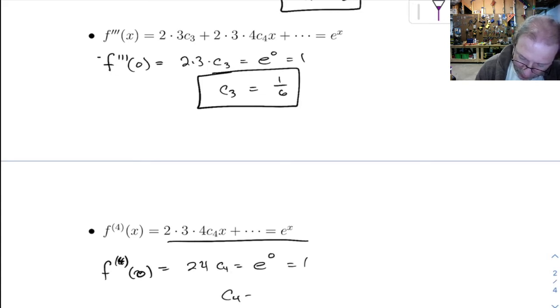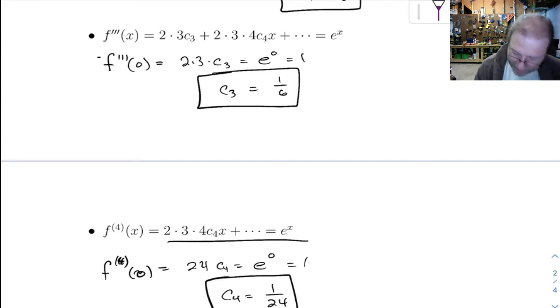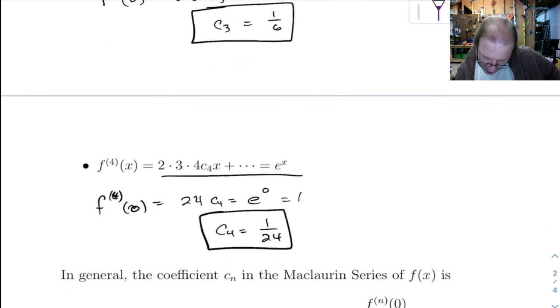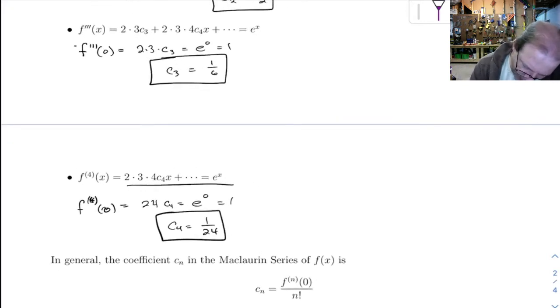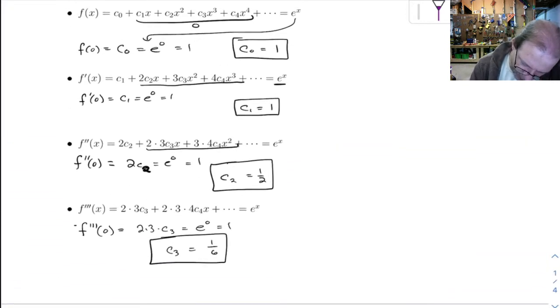So you get C4 is 1 over 24. Now, you might notice what's going on. In general, the coefficient for this is just for the Maclaurin series of this function.